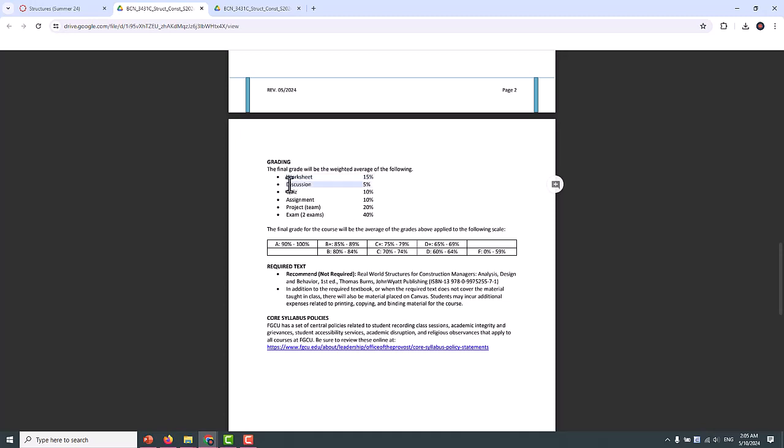Discussion. I will talk about this one later, but that is around 5 points. Basically, every week you need to have 2 posts to achieve the points. The first post, you will tell me what difficulty you have in that week, and then answer a couple of small questions.